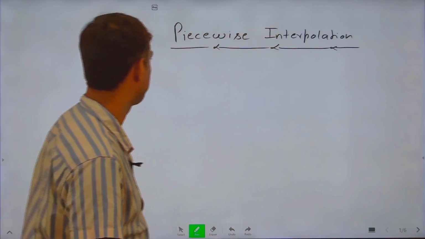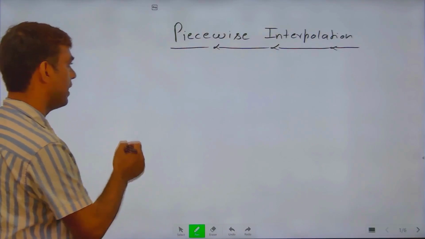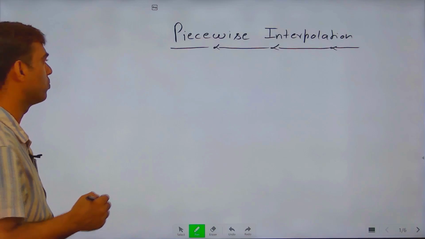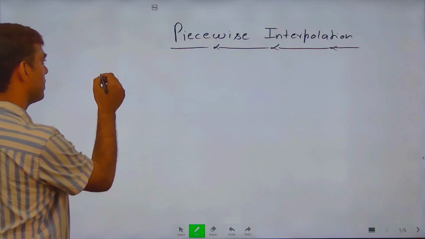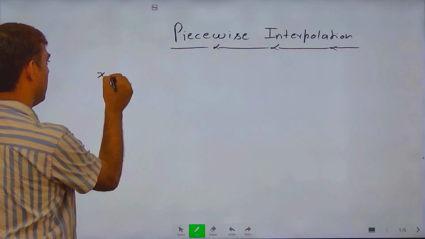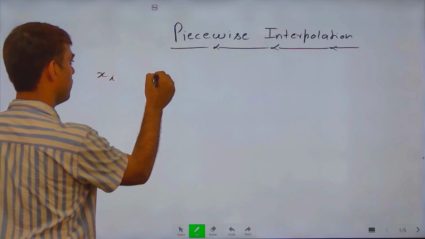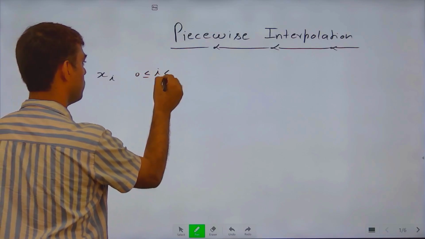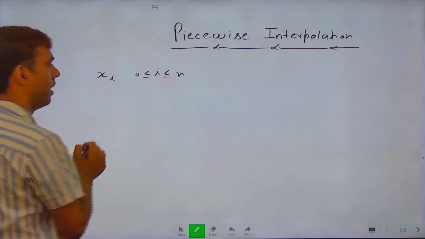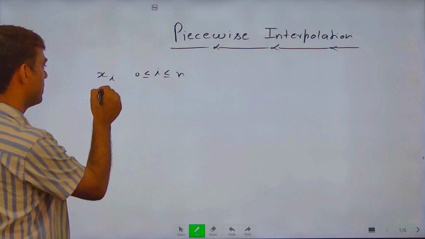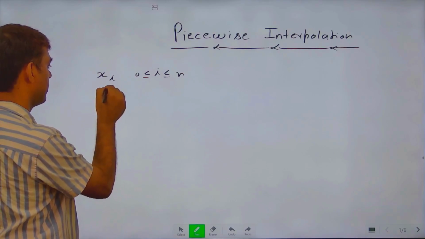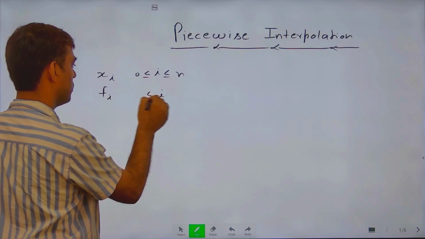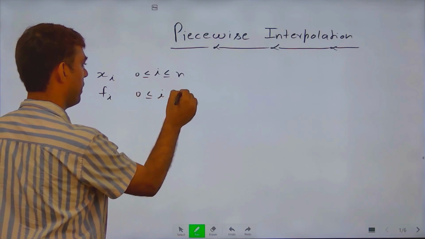So suppose there are n plus 1 nodal points, or n plus 1 nodes, and those nodes are xi, where i ranges from 0 to n, and the corresponding value of the function is fi, where i ranges from 0 to n.